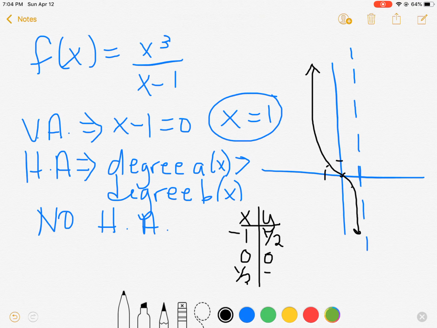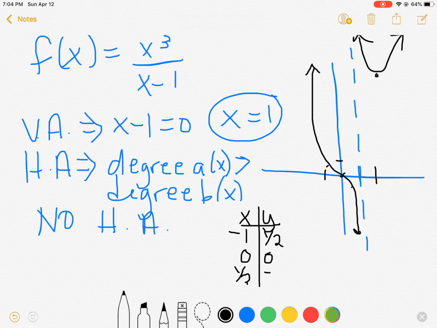If I substitute in a 2, then I get 8. So I have a point way up here, and my graph looks something like that. But remember, you can get your shape from Desmos and just make sure that you have your asymptotes dashed in. We only have one asymptote on this one, and it was a vertical asymptote.